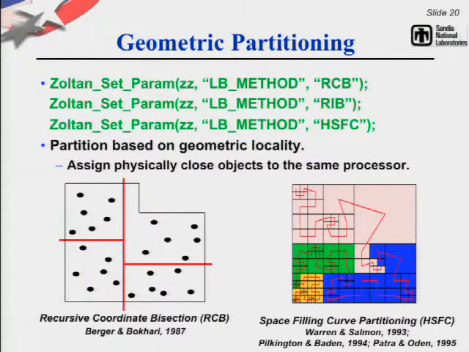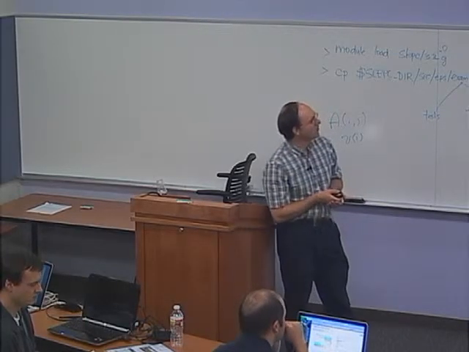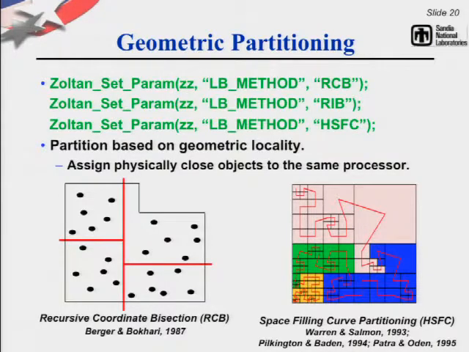I'll fly through what these different types of algorithms do, because I don't think you need to know all the details, but you should have some vague idea of what the pros and cons are. The geometric algorithms, first of all, assume that you have some geometry in your problem, and that using spatial locality is a good idea.